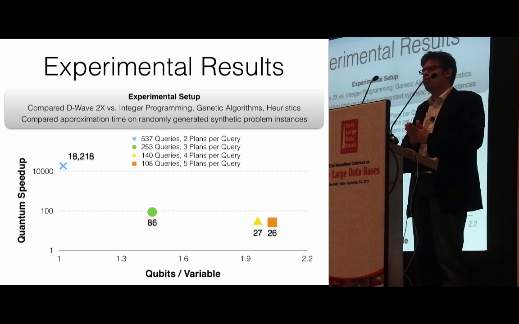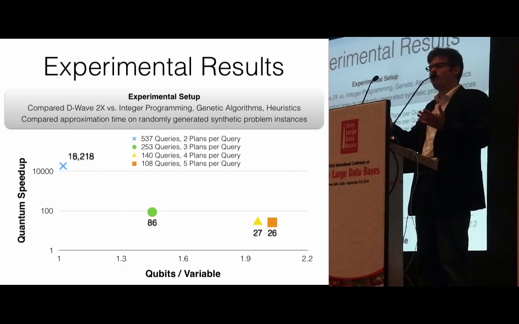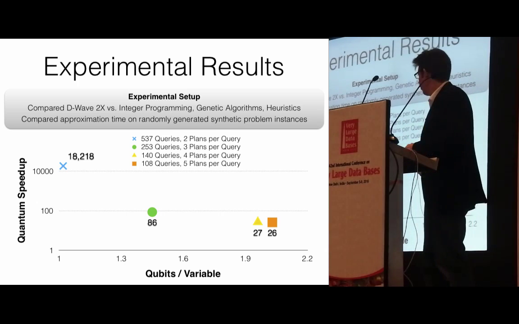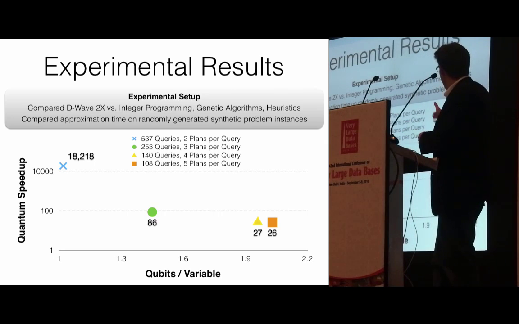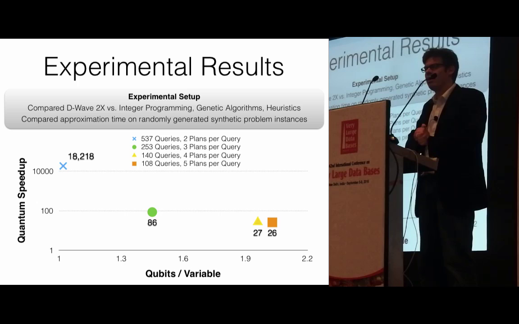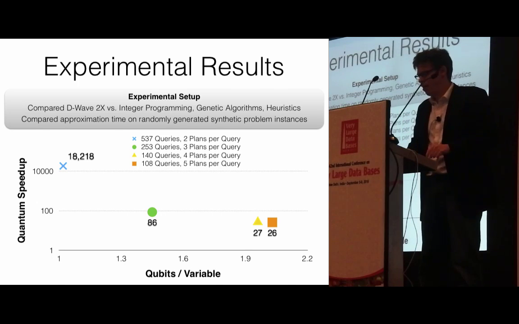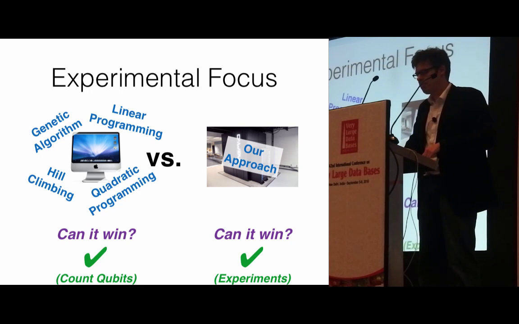And as you see, you can get some significant speedups if the number of qubits per variable is very close to the theoretical optimum of one. You have a factor of more than 18,000. However, once the number of qubits per variable increases, the speedup is quickly decreasing. Still, the answer to the second question is yes as well.